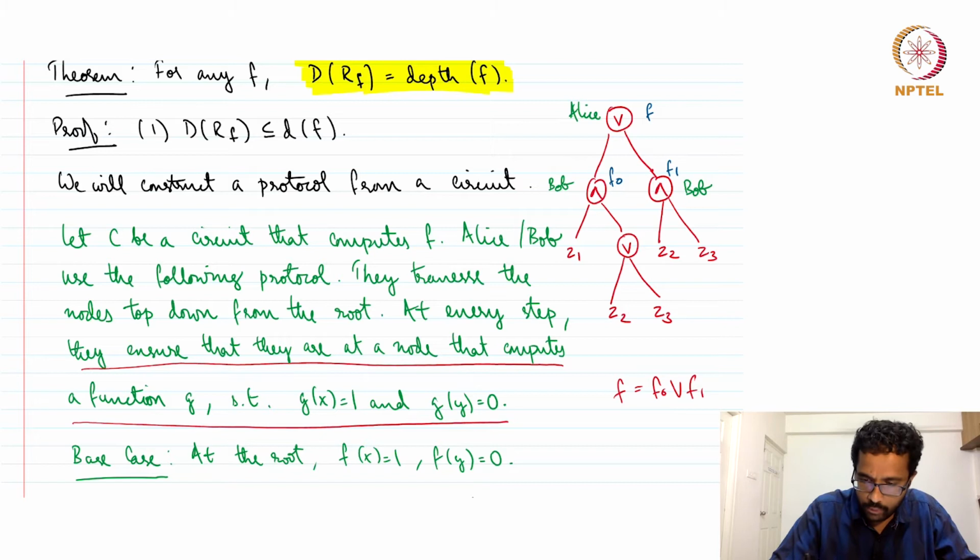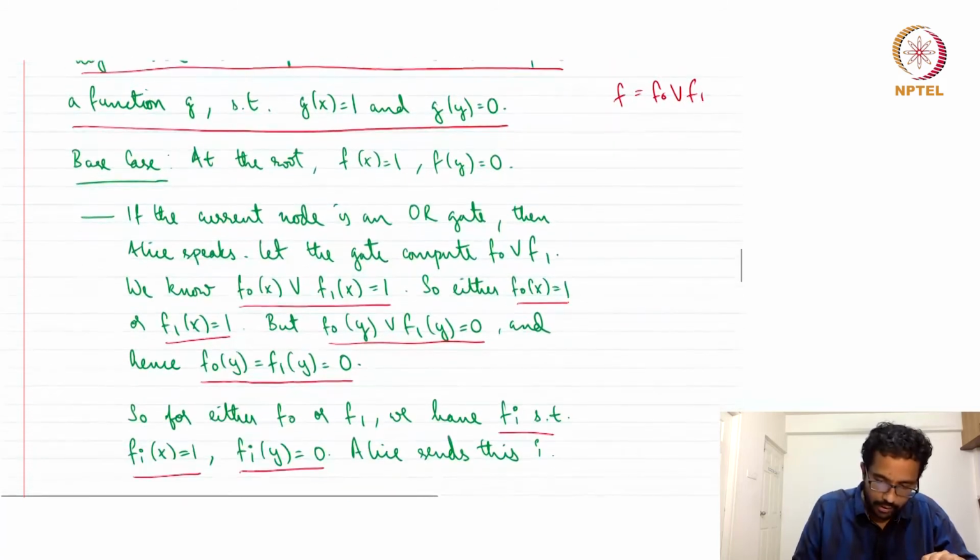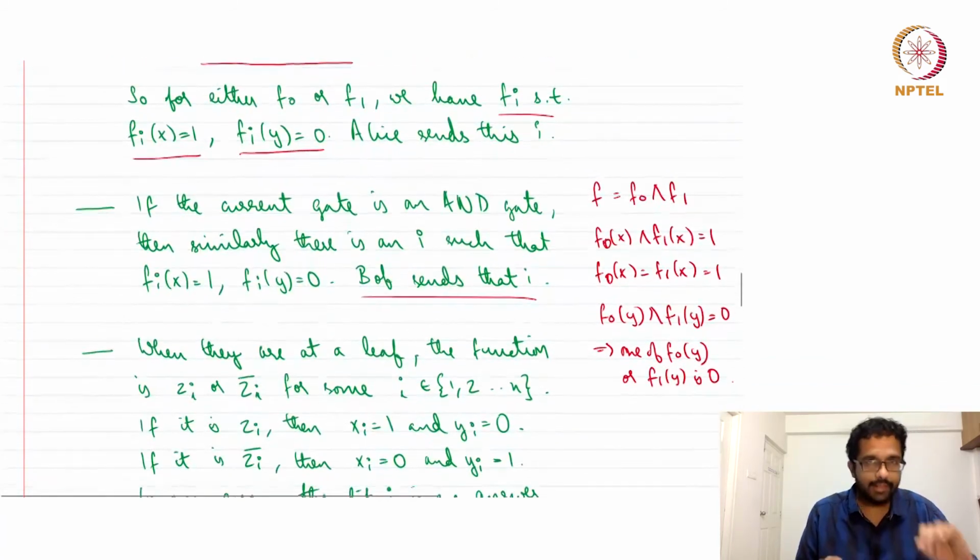Then they will move to one of the children, let's say the left child. So we know that for the input they hold, f0 of x is equal to 1 and f0 of y is equal to 0, and then they will keep going down and down till they reach a leaf, right?